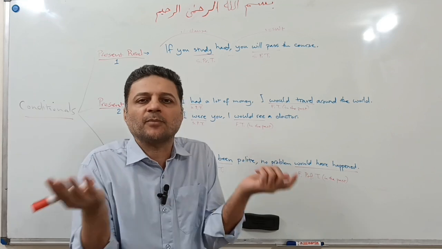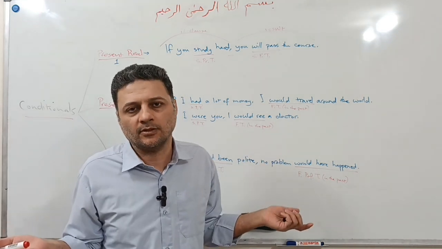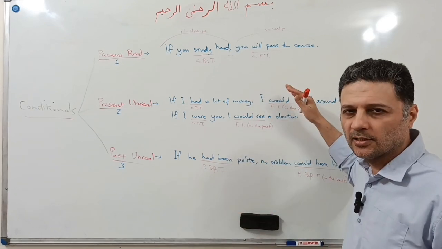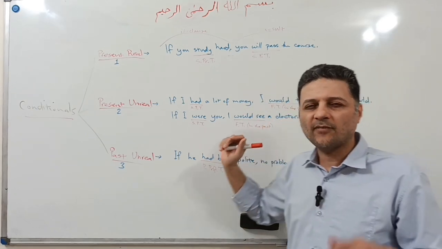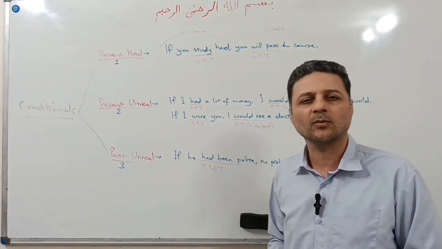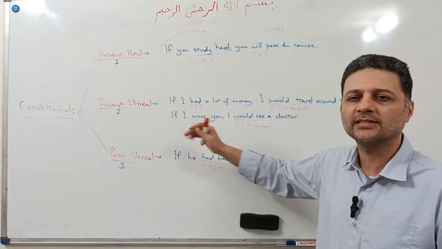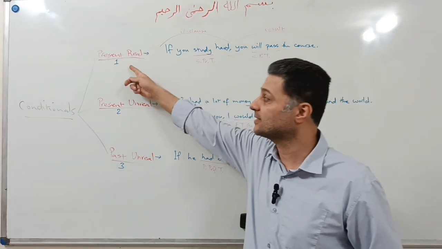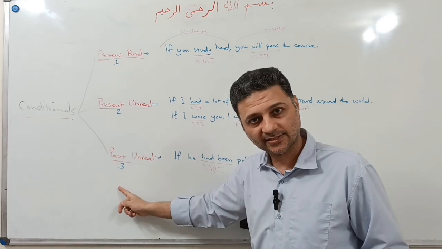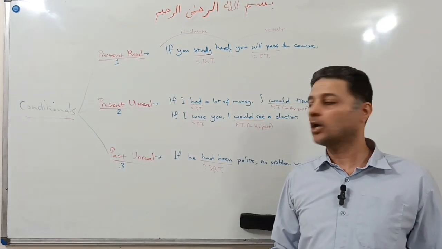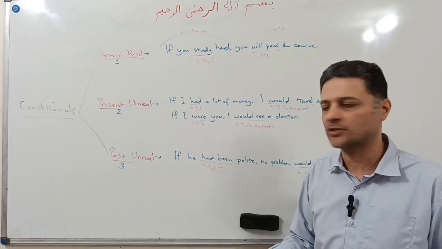You're just giving a hypothetical situation or scenario, all right? So these are all the conditionals we have in English, all right? So if anybody tells you that this is really complicated and too hard to learn, tell him otherwise. This is very easy to understand. So once you understand what you're dealing with, present time and past time, whether you're dealing with real situation or unreal or imaginary situations, right?